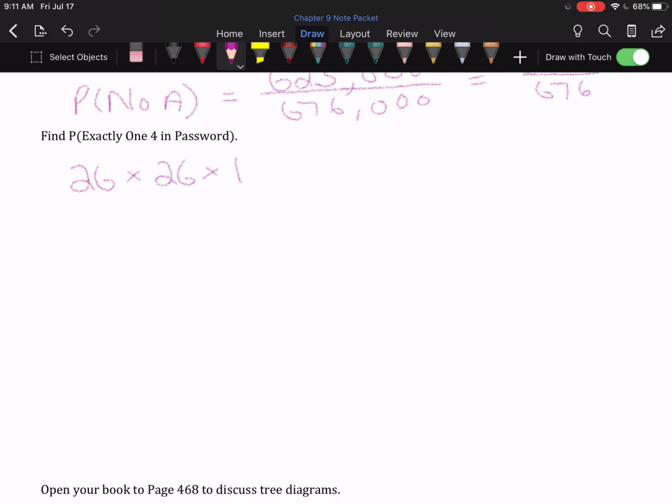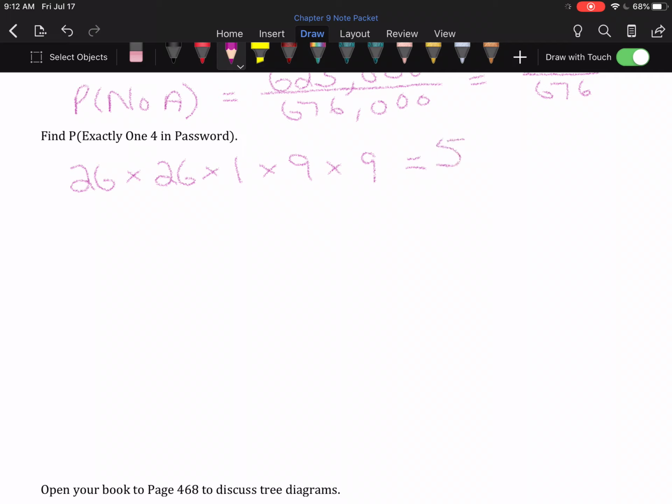If the 4 is in the first position for the numbers, then there's only one number to choose from, the 4, and we're only allowed to have one 4. So I'm putting 9s instead of 10s because I can't have 4 in those spots. And that is 26 times 26 times 1 times 9 times 9.